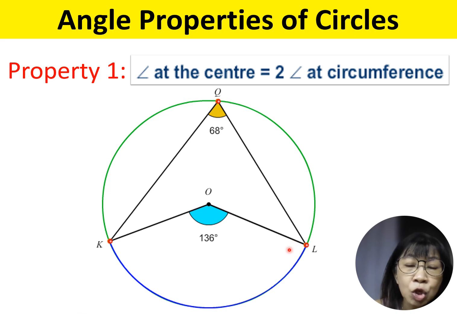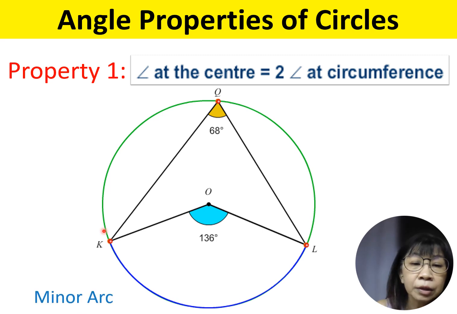What this property tells you is that for this angle Q, any angle that comes from the same major arc, which is the green color here, any angle that falls on this green arc, will be half of 136, provided that the angles are from the same chord KL.